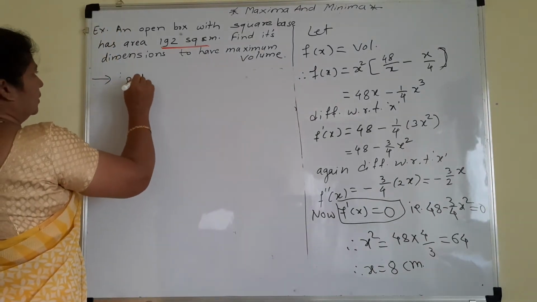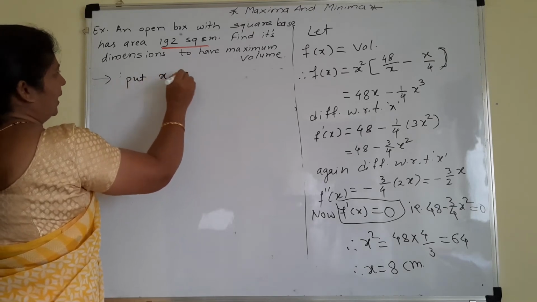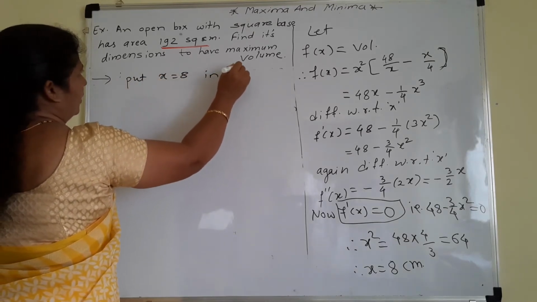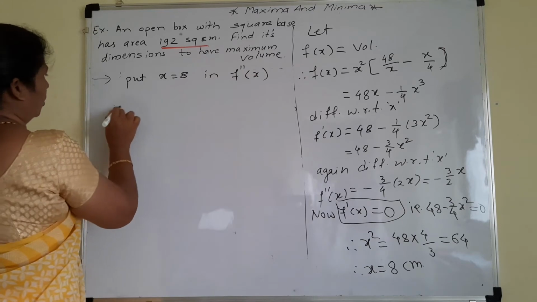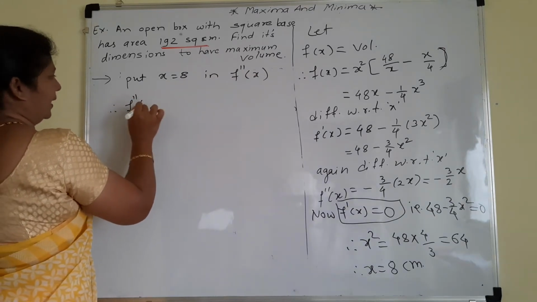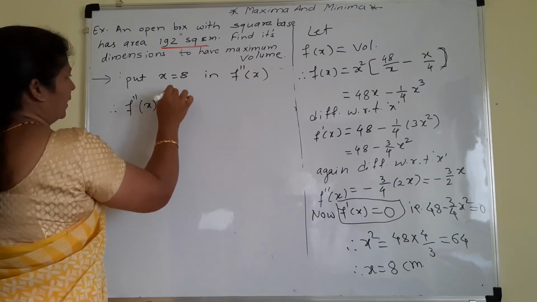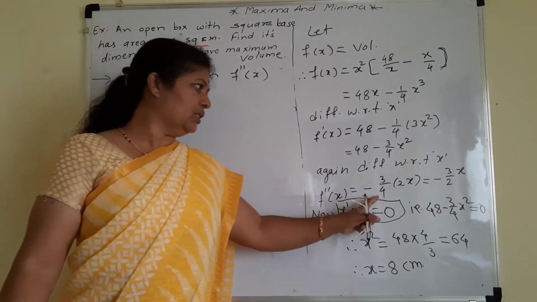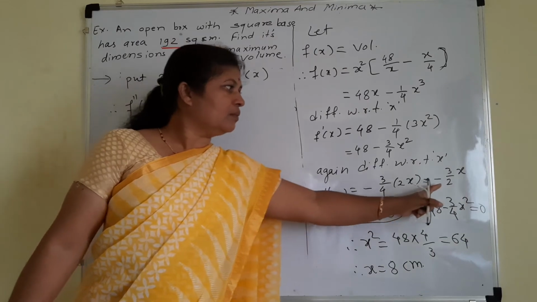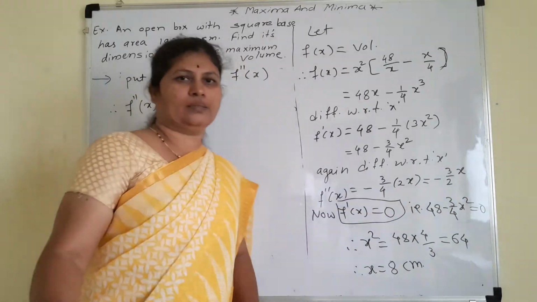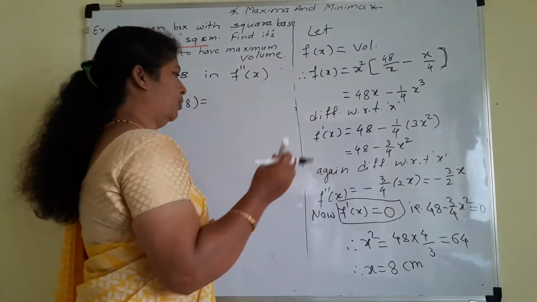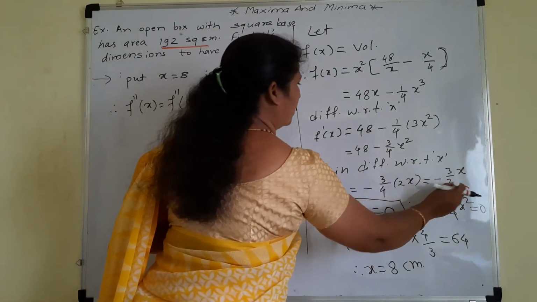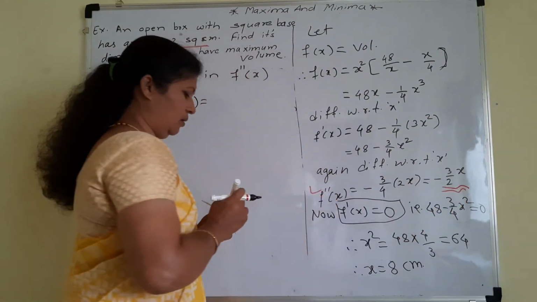Therefore f double dash of x is equal to f double dash of 8. Look here, the function f double dash of x is minus 3 by 2 times x. This is the second order derivative.